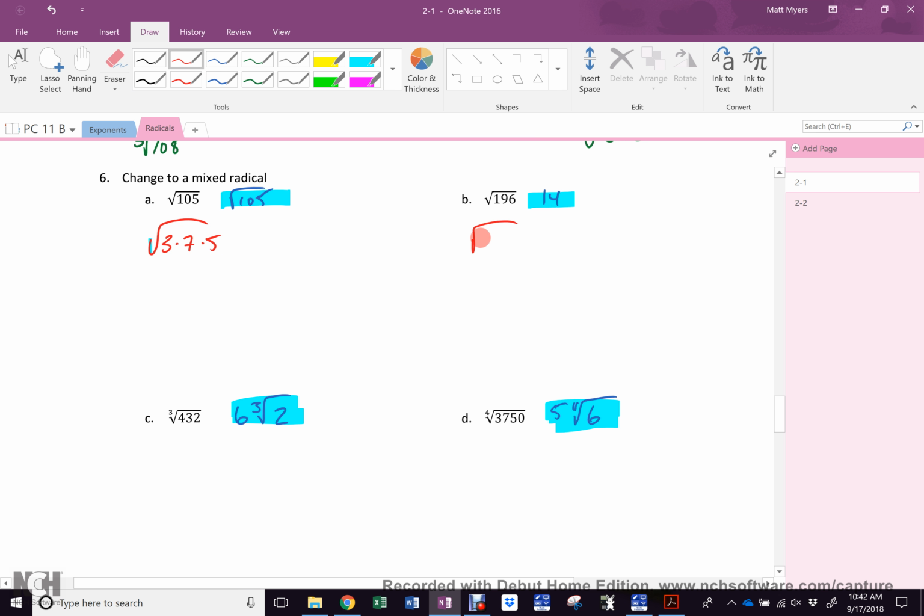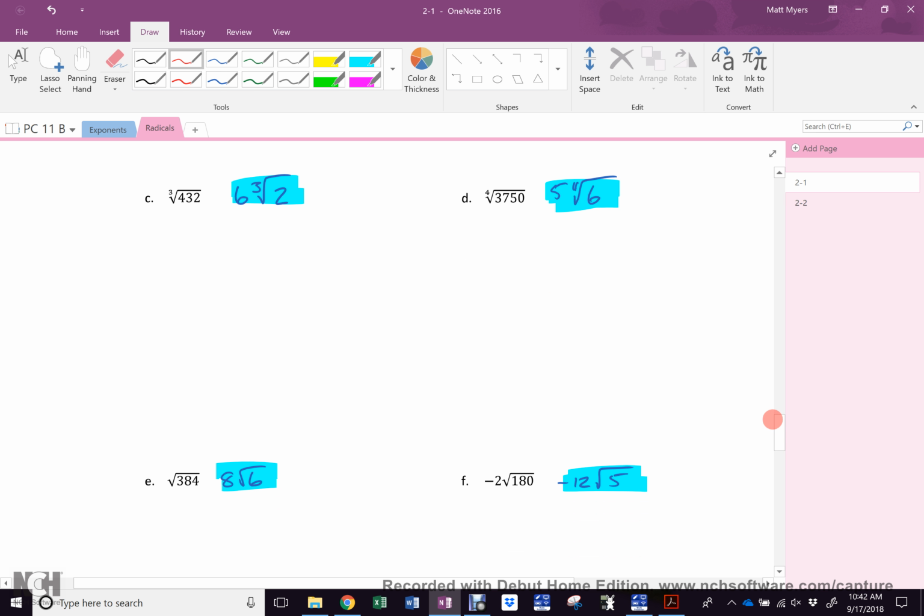Well, that's the square root of 2 squared times 7 squared, isn't it? So what comes out? A 2. What comes out? A 7. 7 times 2 is 14. Did you leave anything under there? So, there's nothing there. So that's why it's 14. Everybody okay with these 4?